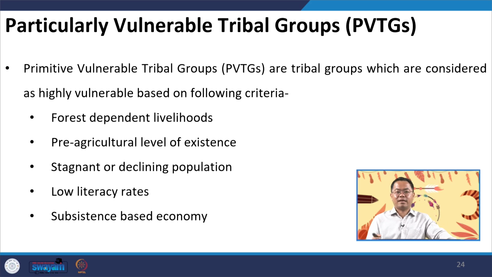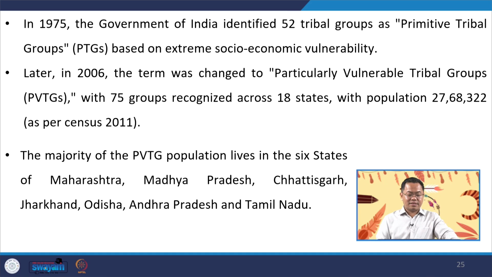States like Tripura, Kerala, or even Tamil Nadu, many states in the northeast, despite the fact that they are predominantly inhabited by tribal communities, have literacy rates that are exceptionally good and comparable to many of the developed countries in the world. But if you look at the literacy rate of these PVTG communities, you will see that their literacy rate is far below the national average. More or less they follow a subsistence-based economy.